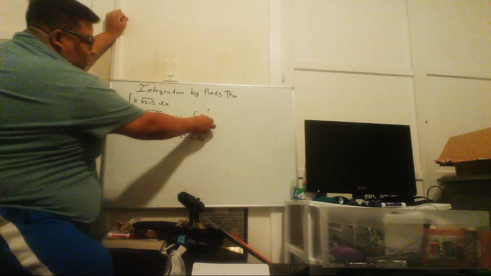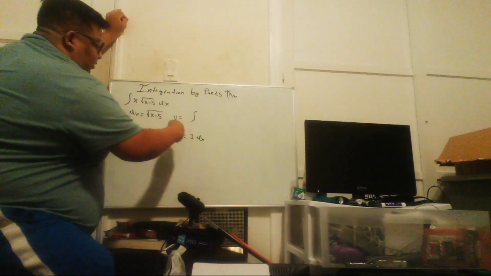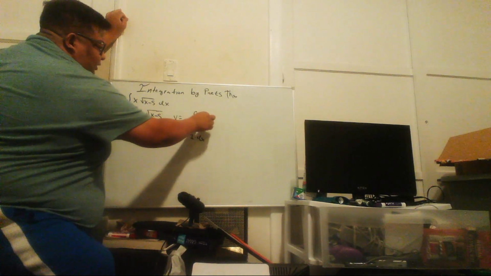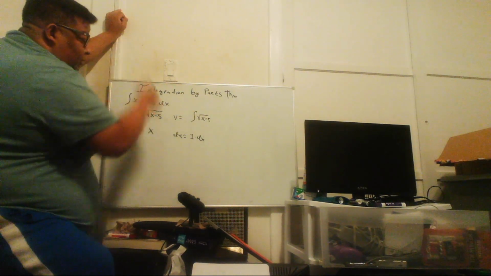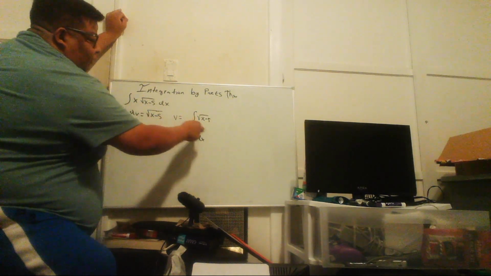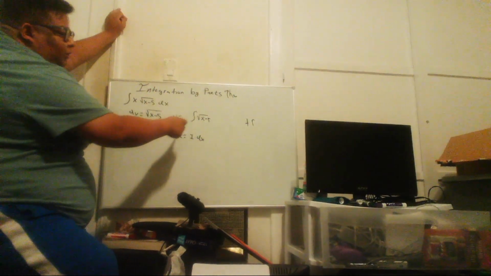I'm sorry, we're gonna integrate dv first. So we need to put this inside: the integral of the square root of x minus 5. Of course this is an indefinite integral, so we're gonna have plus c, but we're not gonna use it right now, so let's put it on the side.